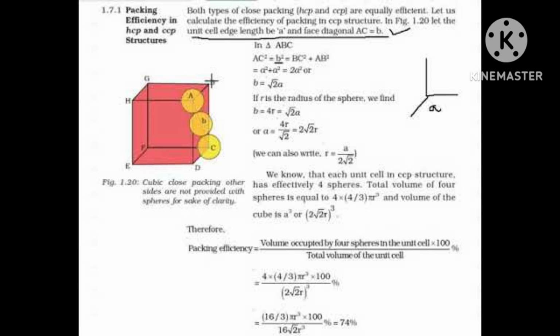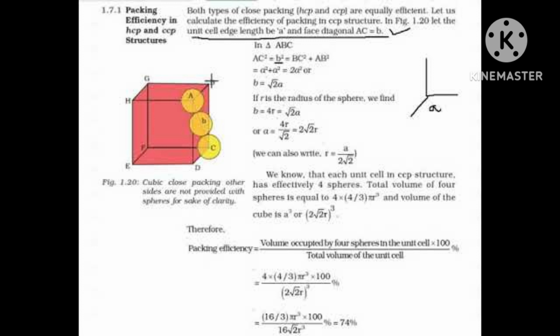Under root 2A square, meaning root 2 into A. This is the hypotenuse value, root 2 into A, because hypotenuse square is equal to A square plus A square. Length and breadth are both equal for a cube. Then 2A square is equal to H square, so H is equal to under root 2 into A.